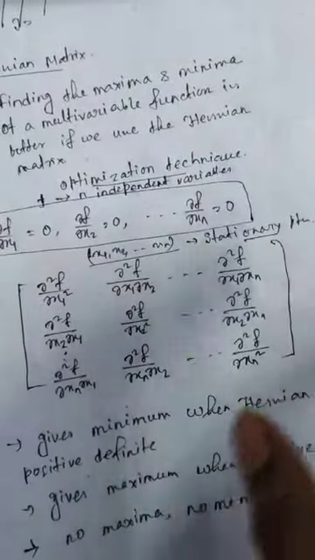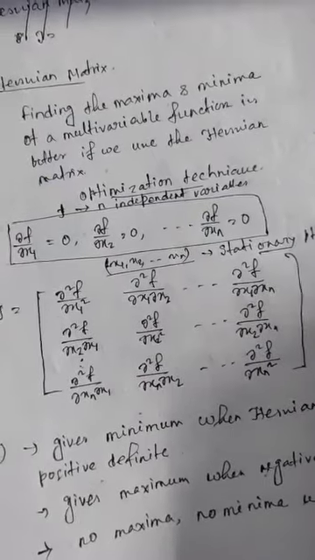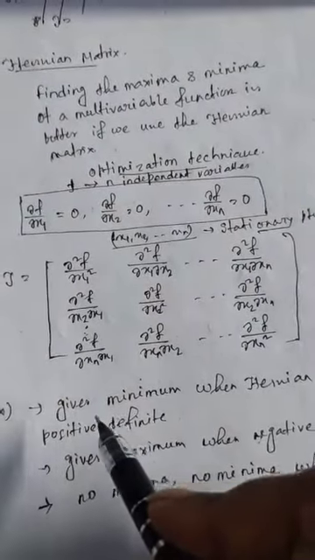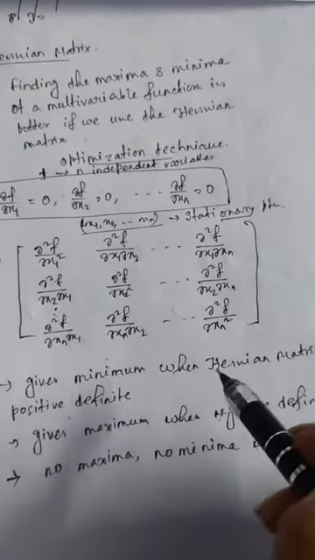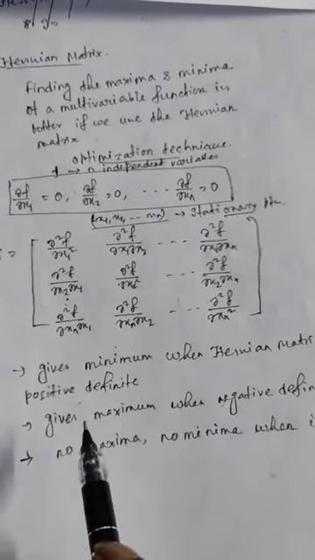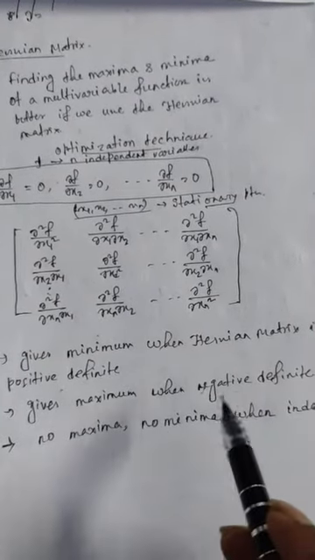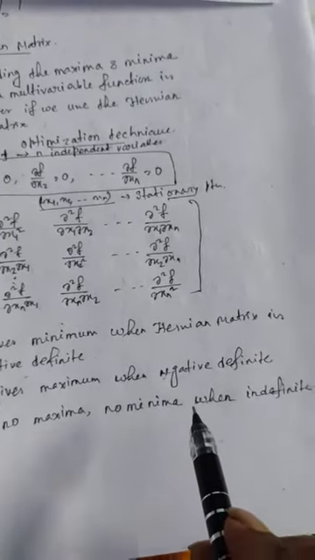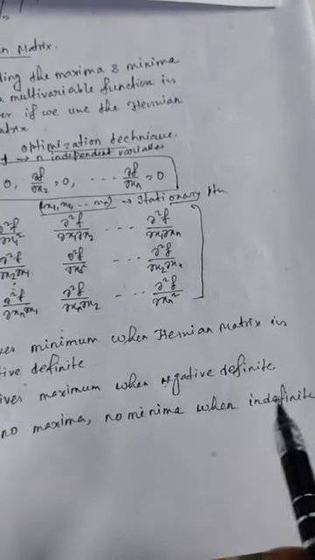At these stationary points, the function has a minimum value if the Hessian matrix is positive definite. It will give a maximum value when it is negative definite, and there is no maxima and no minima when the Hessian matrix is indefinite.